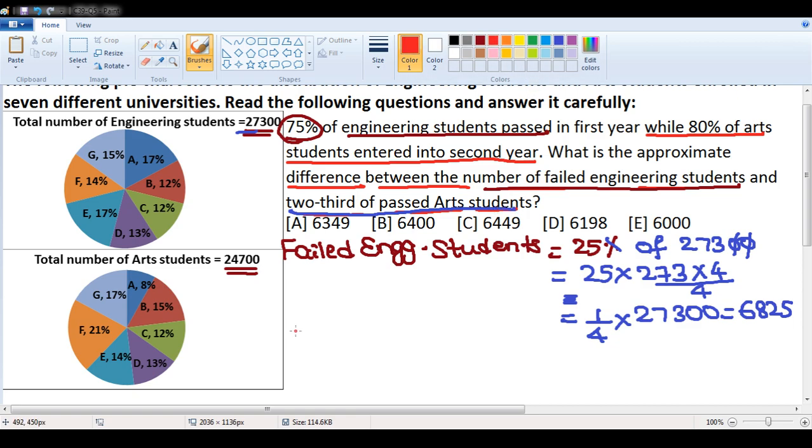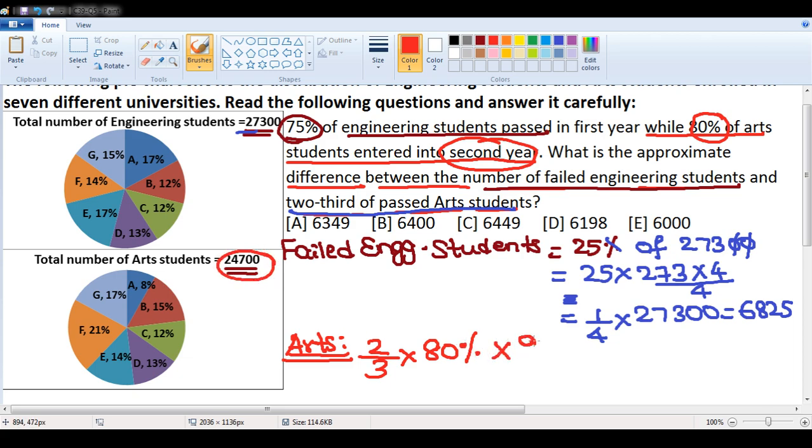Now the other value asked is 2/3 of passed art students. First of all, 80 percent of art students passed. They went into the second year. Of that 80 percent, I only require 2/3 according to the question. 2/3 of 80%, and the total art students is 24,700. Remove the percentage. 2 by 3 into 80 into 247.